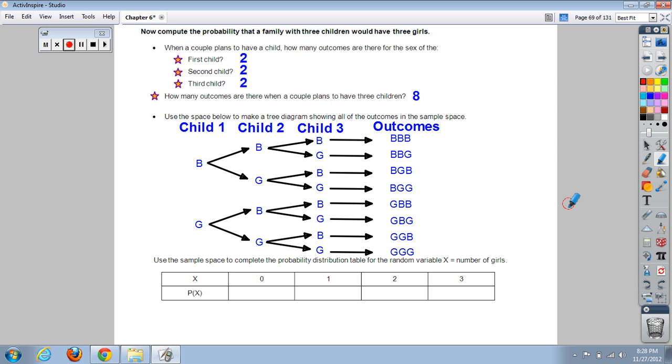Now, typically I would say you cannot just say that each one of these has a 1 in 8 probability. But in this case, we can, because the probability of having a boy, we said, was 0.5, and a girl was 0.5. So every one of these boys and girls are exactly the same probability.